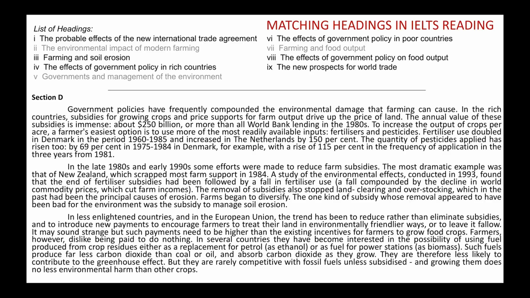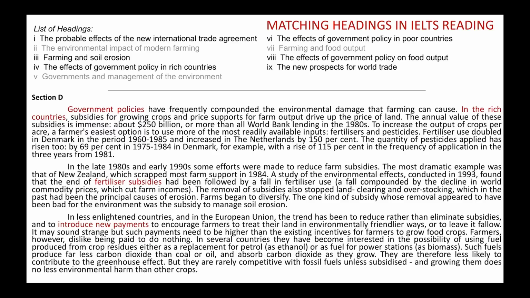But for me, I have already identified the keywords, and they are government policies in the first place, then rich countries. Here it is stated that we are talking about rich countries, especially Denmark, the Netherlands, New Zealand, and the European Union. So what exactly government policies has been imposed in those countries?